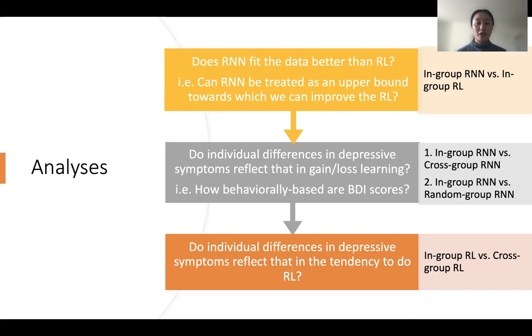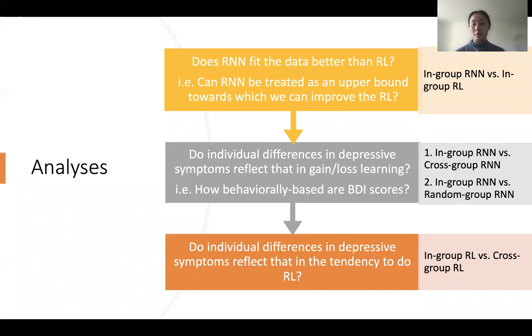The second question we wanted to ask is, do individual differences in depressive symptoms reflect individual differences in gain-loss learning? In other words, how behaviorally based are BDI scores? To do this, we would compare the in-group cross-validation results for RNN versus the cross-group cross-validation results.